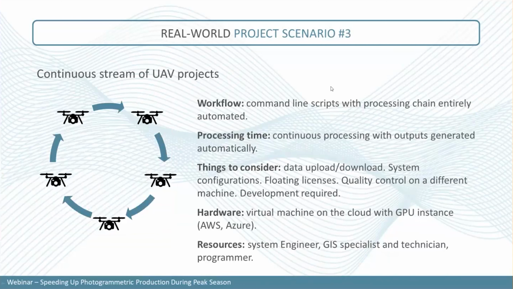Then the third one is not the most common one, but it's something we see sometimes. It's a continuous stream of UAV projects. It's the same type of project you're processing over and over again, and basically you want a good workflow, so you don't have a lot of human interaction behind it, except for doing the QA of your project.